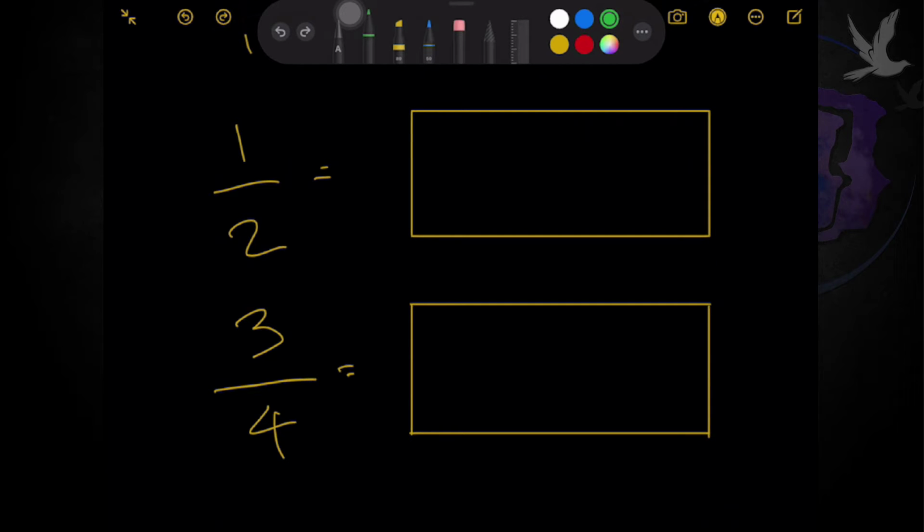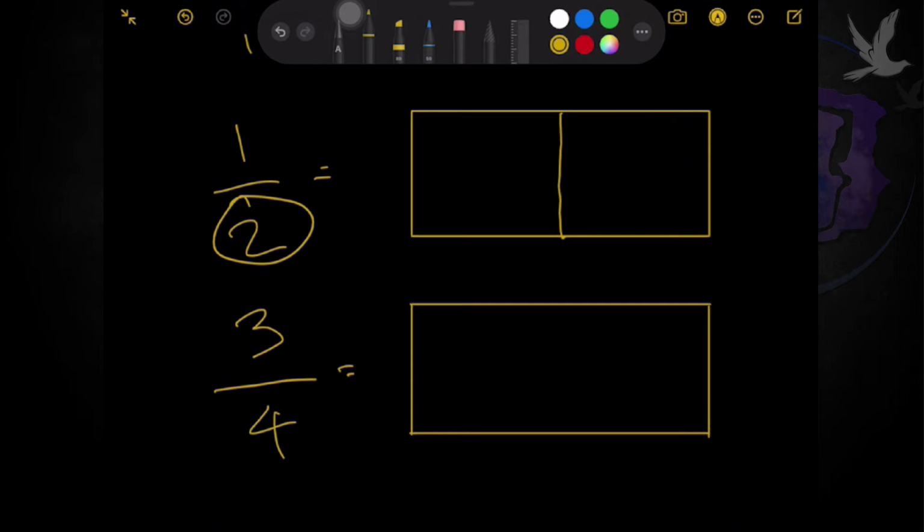So, 1 out of 2, representing 1 out of 2, or 1/2. Meaning, out of this one whole, you're going to split it into 2 equal parts. Not like this, but 2 equal parts. They should be balanced. Okay, as much as possible sa drawing nyo.